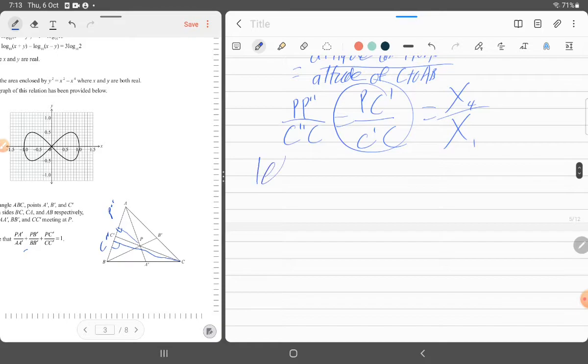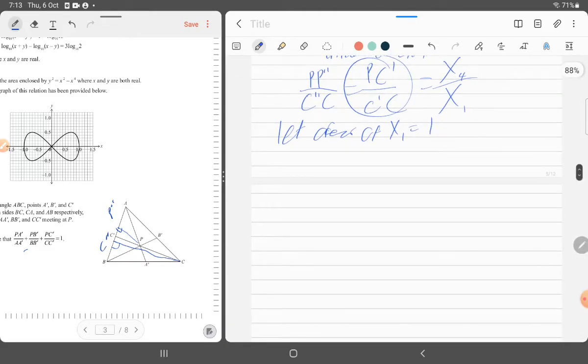Then let the area of x1 equal 1. Then x3 over x1 plus x2 over x1 plus x4 over x1 is equal to 1.